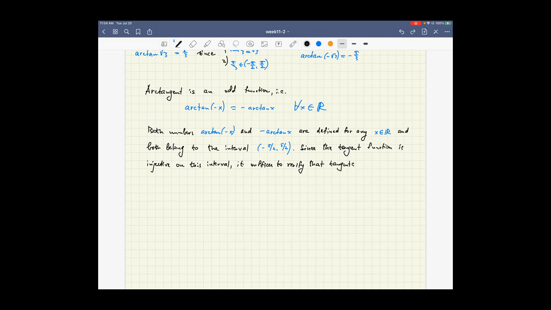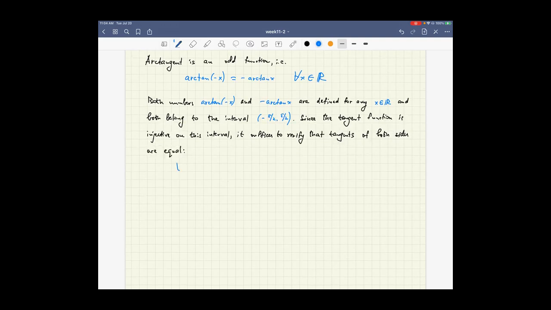Tangents of both sides are equal. Well, tangent of arctangent of negative x is simply negative x. That's by definition of tangent and arctangent.